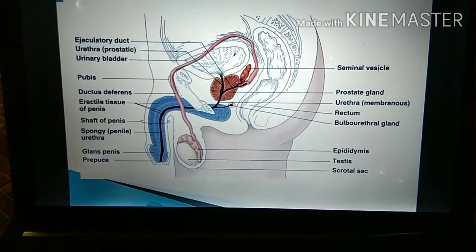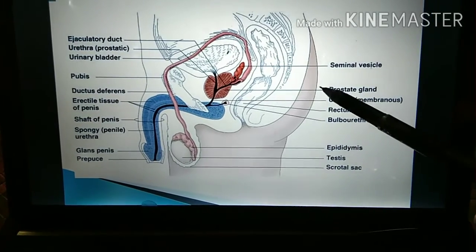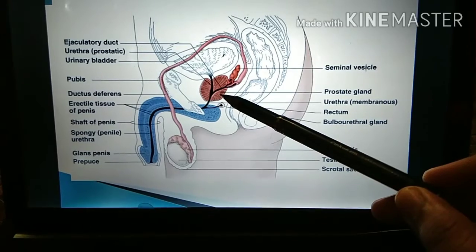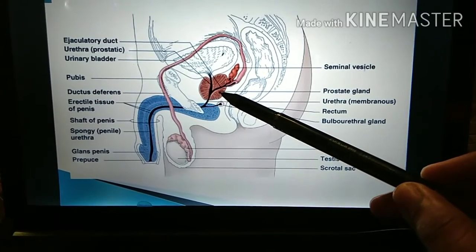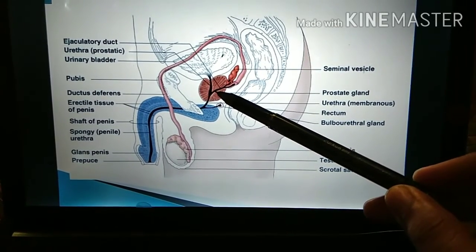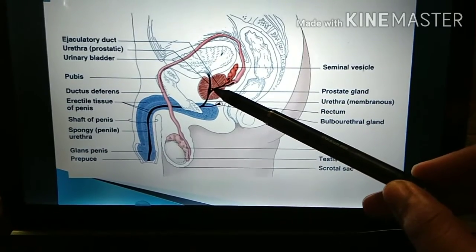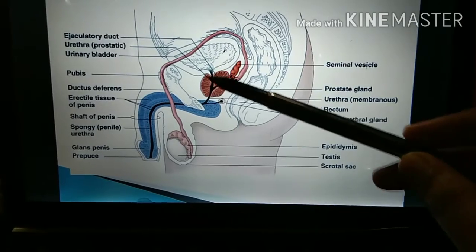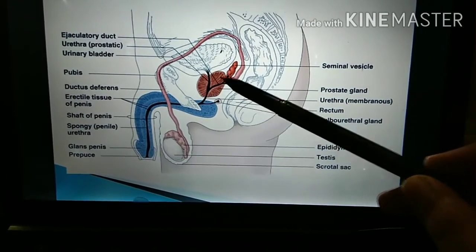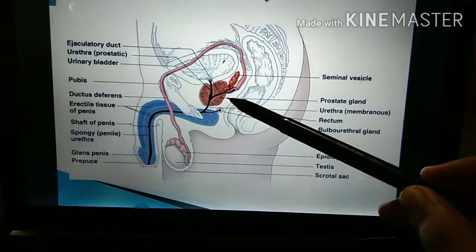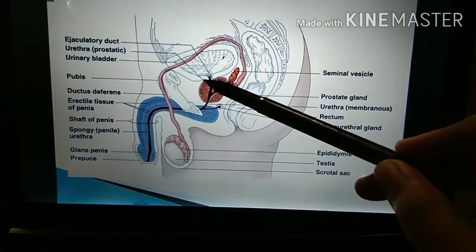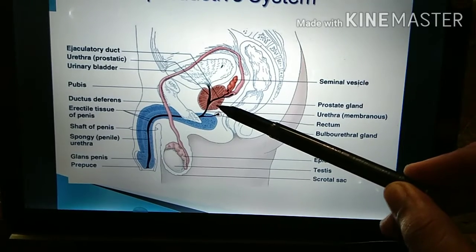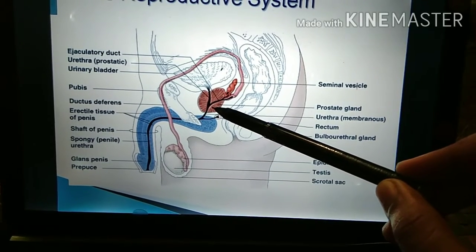The next organ is what we call the prostate gland. The prostate gland is a walnut-sized structure that is located below the urinary bladder in front of the rectum. The prostate gland contributes additional fluid to the ejaculate.